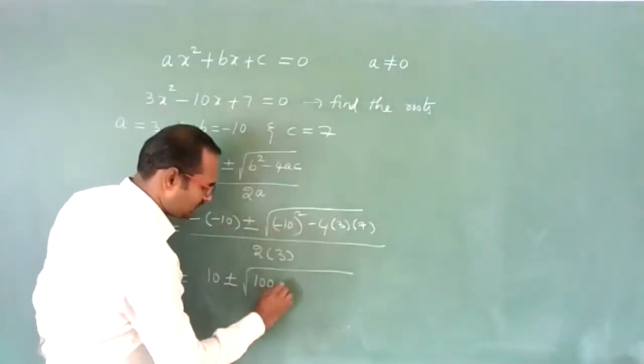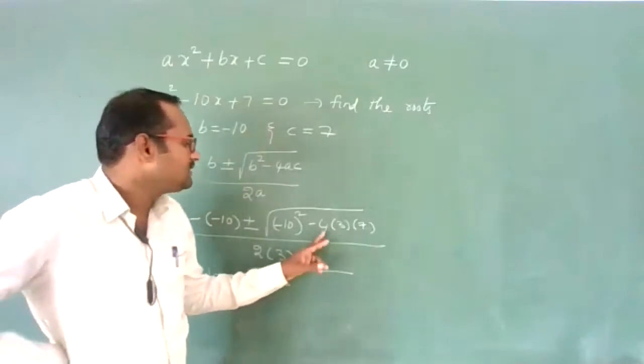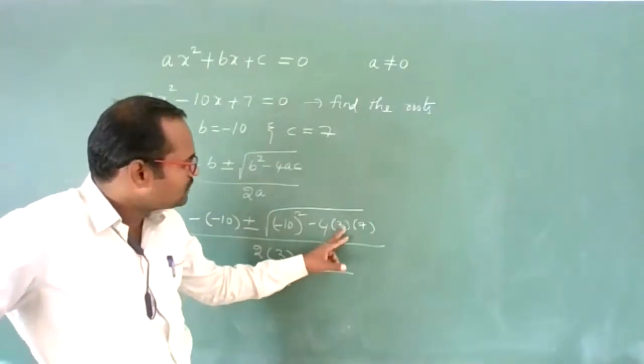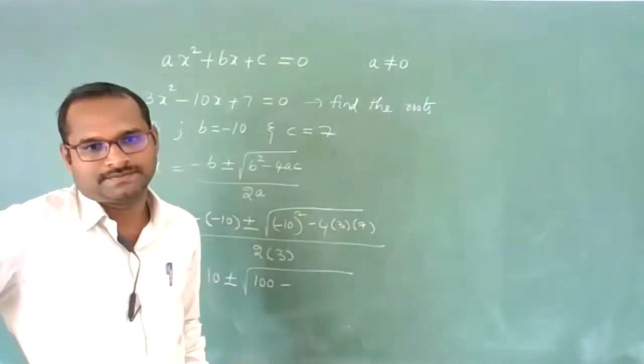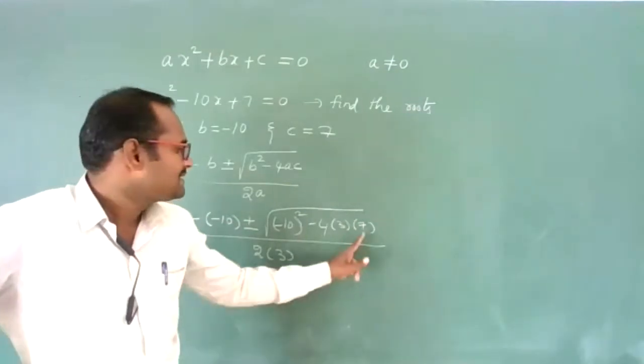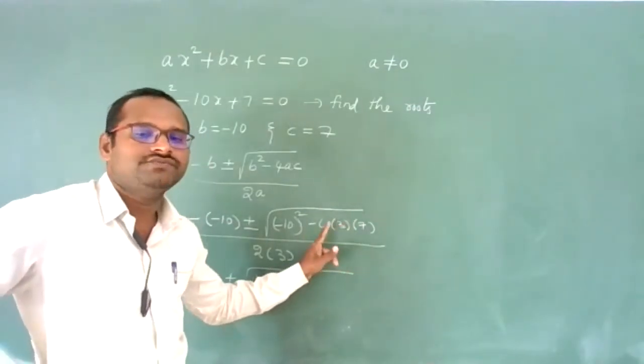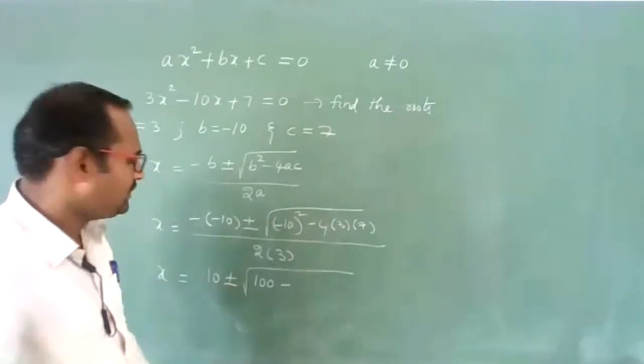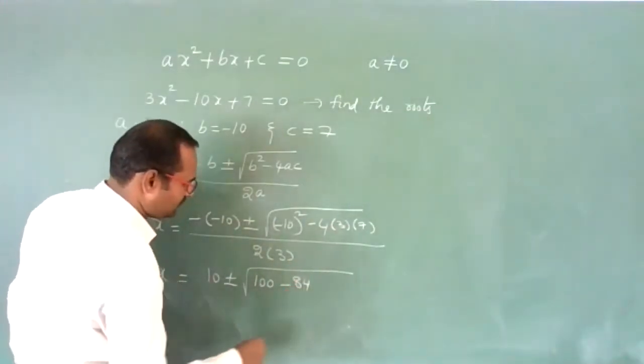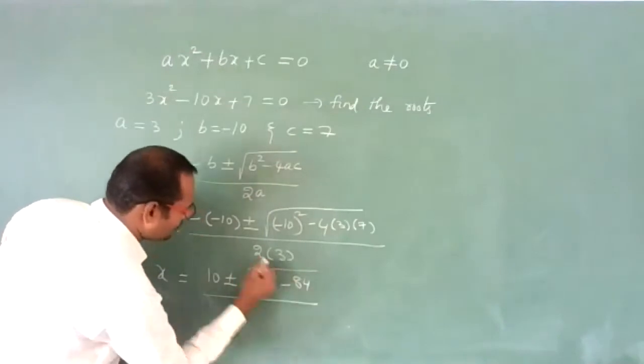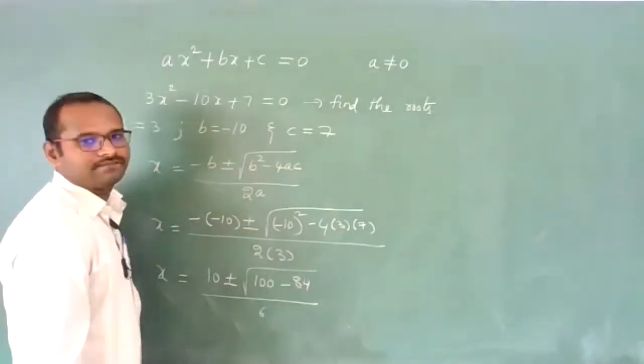Here minus sign is there, so minus. Here see, 4 3s are 12, 12 7s are how much? Or 7 3s are 21, 21 4s are how much? Yes, 84. And 2 3s are 6.